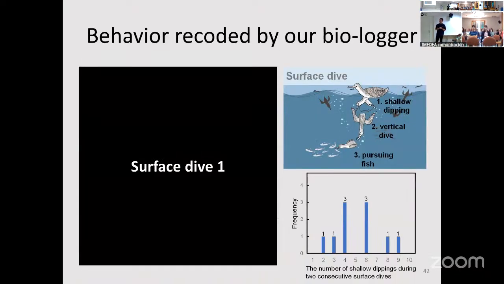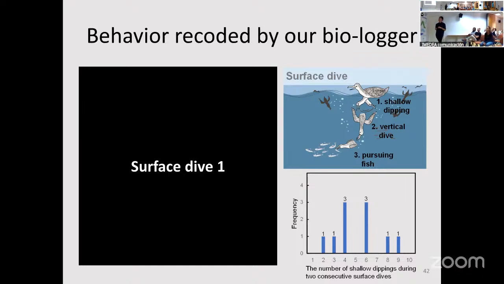Because foraging behaviors are infrequent behaviors, our device recorded many foraging behaviors, enabling us to deeply analyze the foraging behavior.